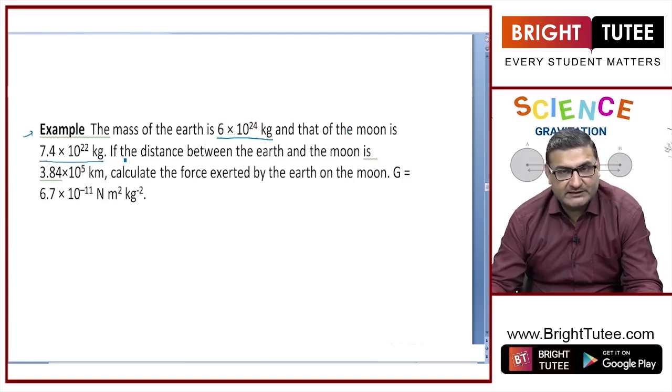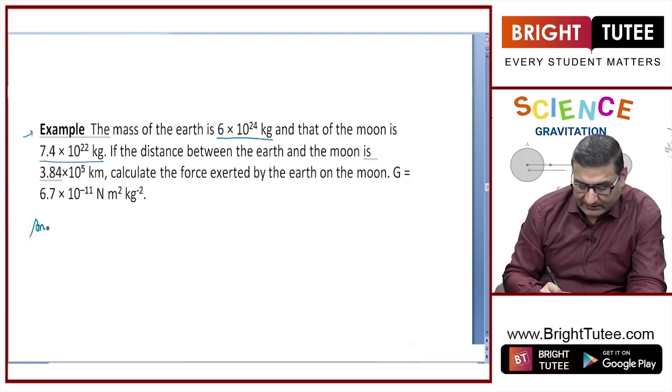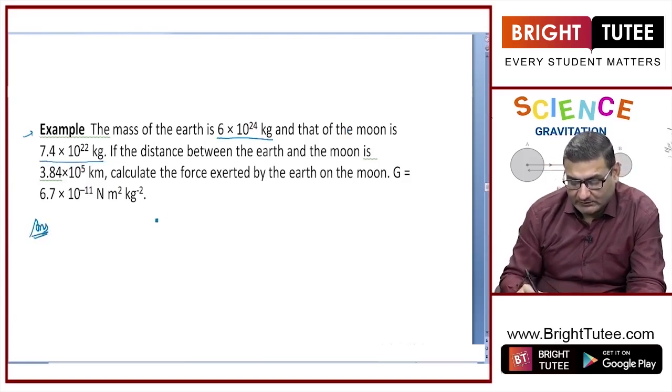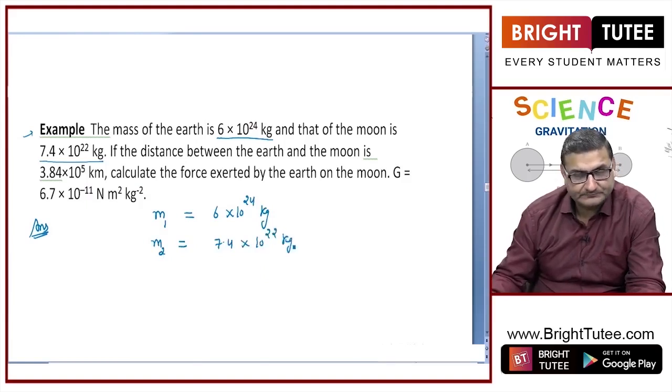Let the mass of the earth be m1, 6 into 10 to the power 24 kilograms, and the mass of the moon be m2, 7.4 into 10 to the power 22 kilograms.